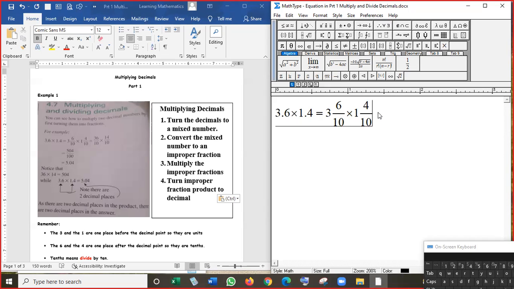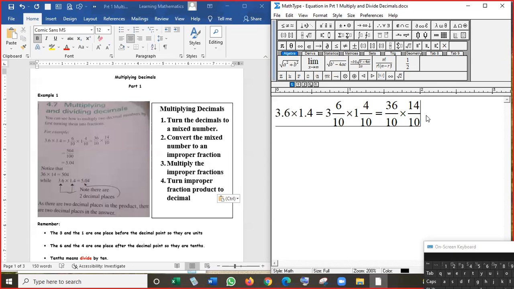Now, what we need to do now, we need to convert these mixed numbers to improper fractions by multiplying and adding. 3 times 10 is 30, plus 6 is 36 over 10. 1 times 10 is 10, plus 4 is 14 over 10.